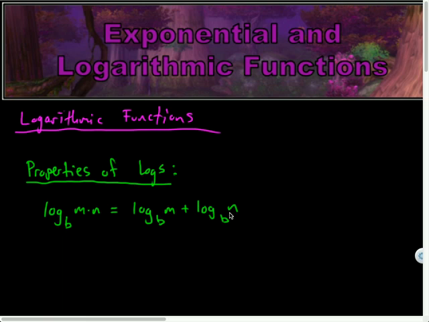So the log of a product is the sum of 2 logs. That, I would say, is symmetric to the product of powers property, right? If I multiply 2 things of the same base, I could add the exponents. Notice I'm multiplying 2 things within the same log, so I can add logs. So a little bit of a parallel: multiplication became addition.